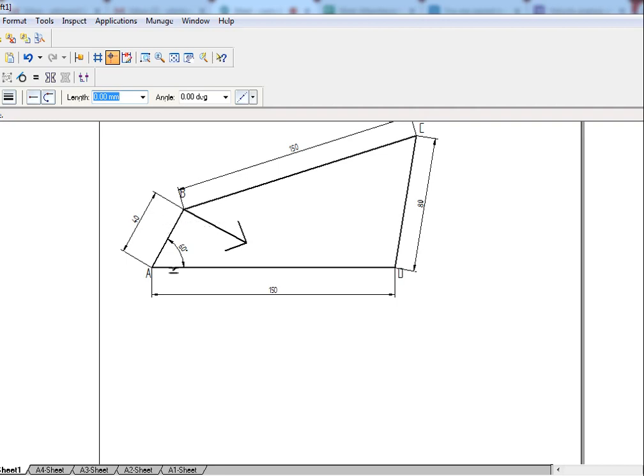So multiply by the length of the link AB and you get meters per second. So you got 0.503. So 0.503 is the velocity.